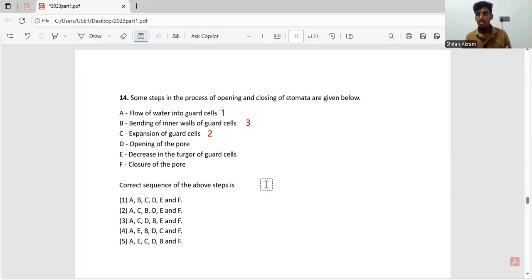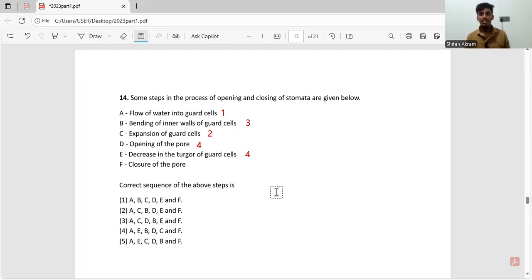When the stomata is closing, again the potassium ions leave the cell. With the potassium ions, water leaves the cell. When water leaves the cell, the turgor pressure inside the guard cells decreases. So here the pore opens, then water leaves the guard cells, turgor in the guard cells decreases.